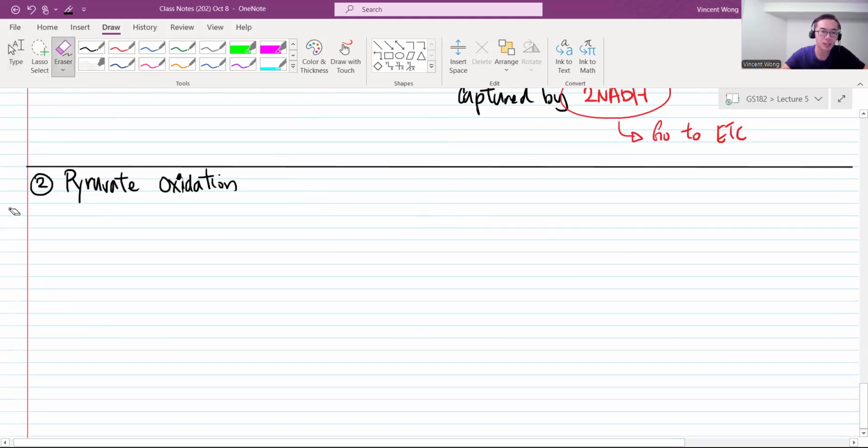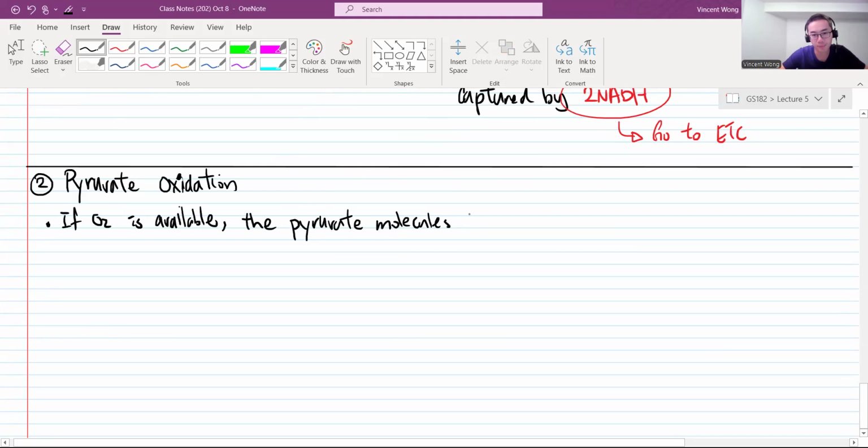So in pyruvate oxidation, what happens? So if O2 is available, the pyruvate molecules from glycolysis will move into the matrix.